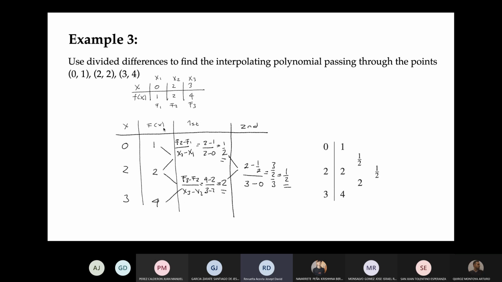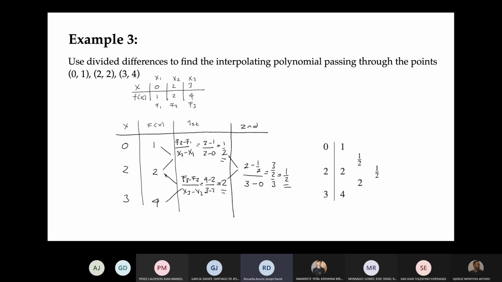So if you have that, this is, of course, f1, f2, f3, right? And this is x1, x2, x3. So you see that this one and this one starts with f2 minus f1, and then x2 minus x1.